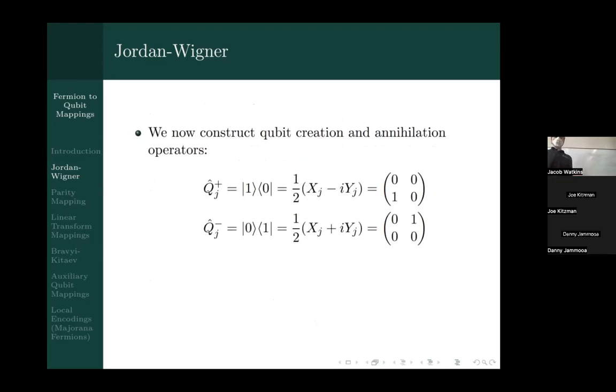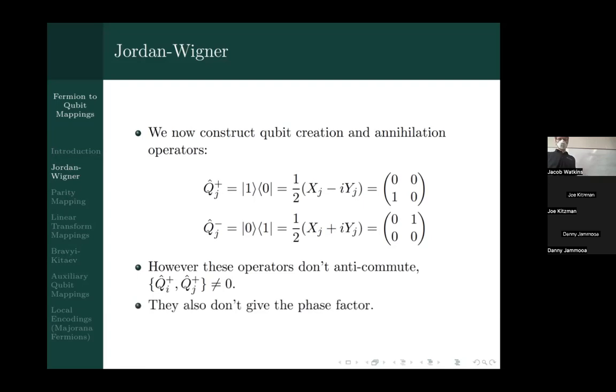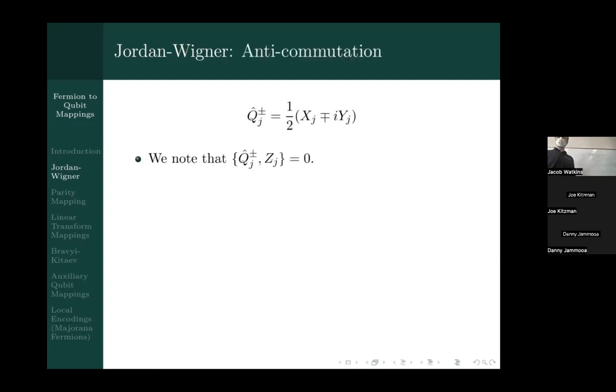So this is nice, but they don't anti-commute, so we aren't done. Because of not anti-commuting, they don't give that phase factor, the negative sign that sometimes appears. So we note that our qubit raising and lowering operators anti-commute with the Pauli Z operator.